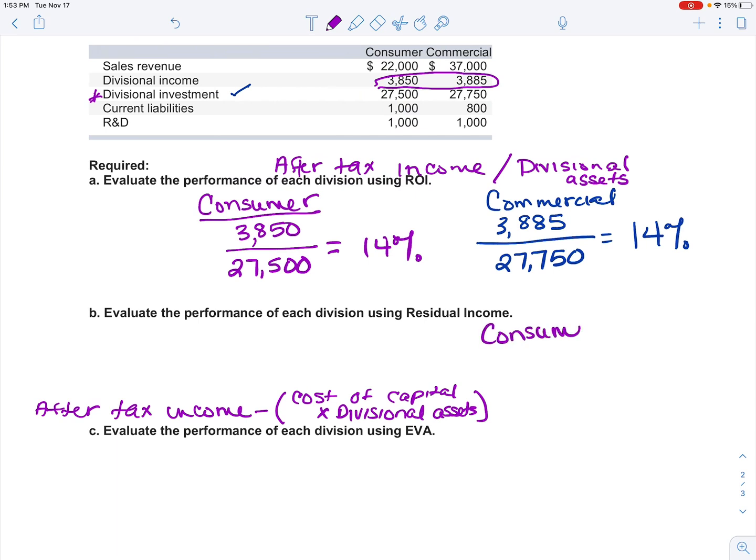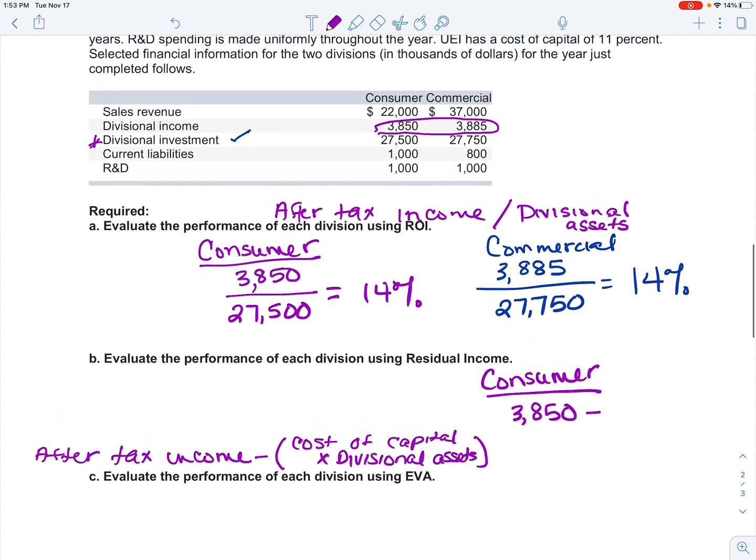For consumer, I have to find the after-tax income, which they give us here, showing it as your divisional income. Then I'm going to subtract my cost of capital times my divisional assets.